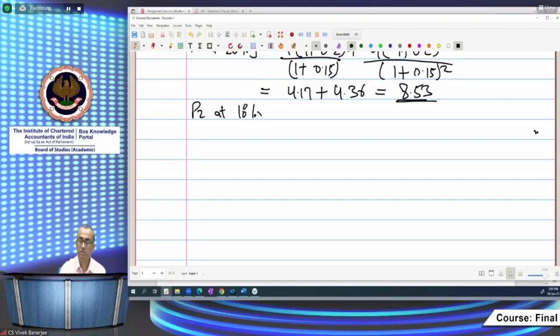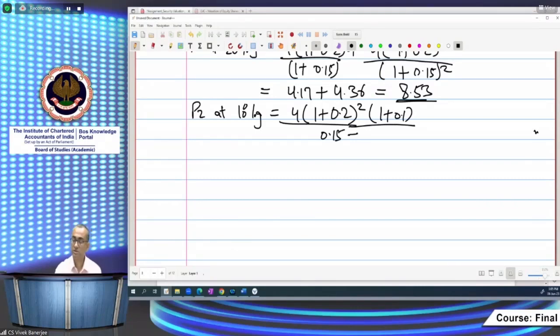So P2 at the 10% growth rate is equal to 4, that is D0, into (1 plus 0.2) square, into (1 plus 0.1), upon KE 0.15 minus the normal growth rate, which is 0.1.